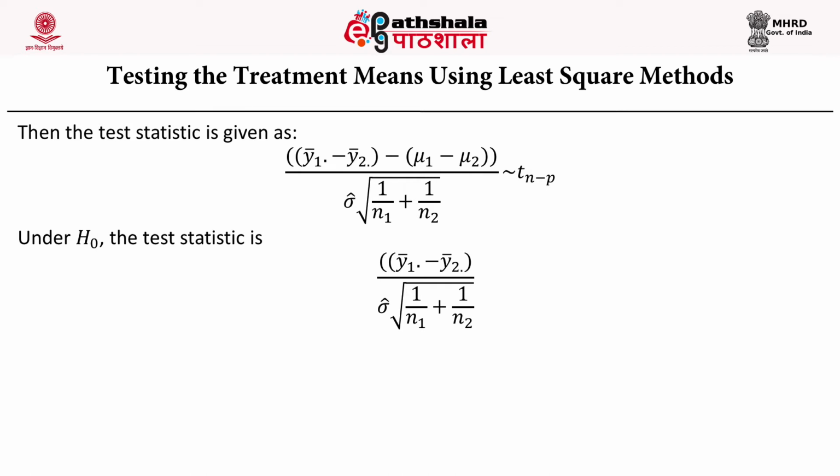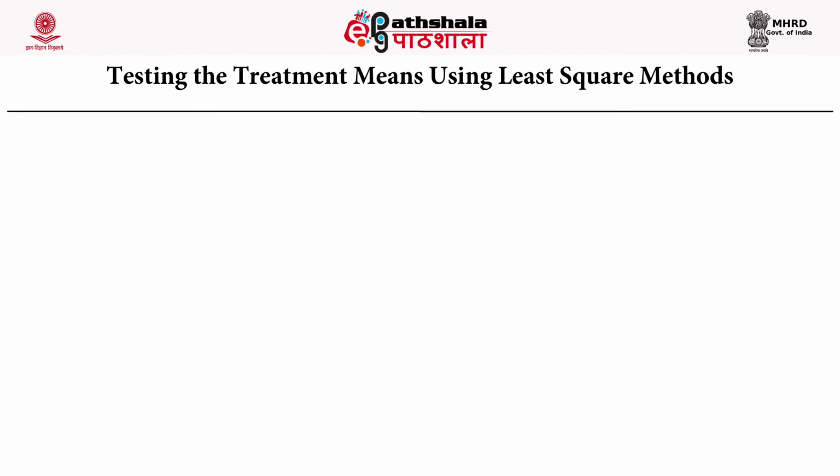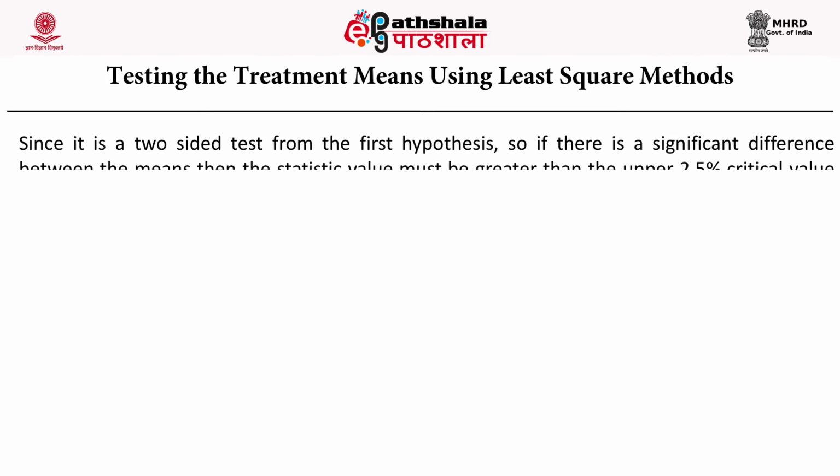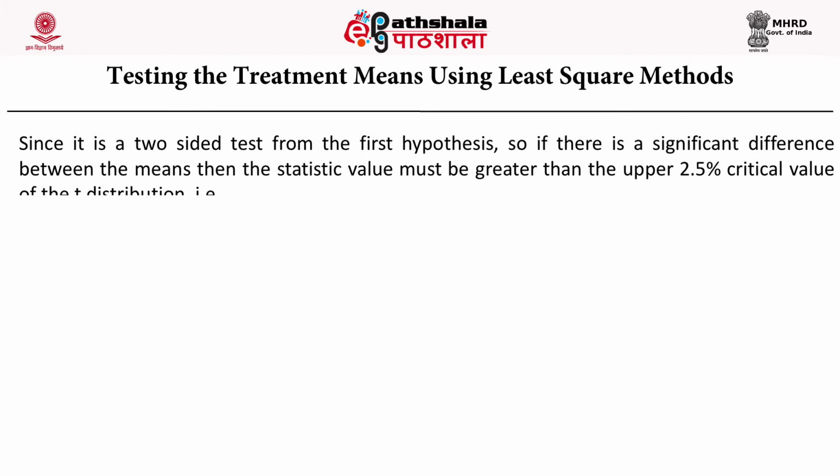Here under H naught, the test statistic is given as y1 dot bar minus y2 dot bar divided by sigma hat into square root of 1 upon n1 plus 1 upon n2. Since it is a two-sided test from the first hypothesis, if there is any significant difference between the means, then the test statistic must be greater than the upper 2.5% critical value of the t distribution.